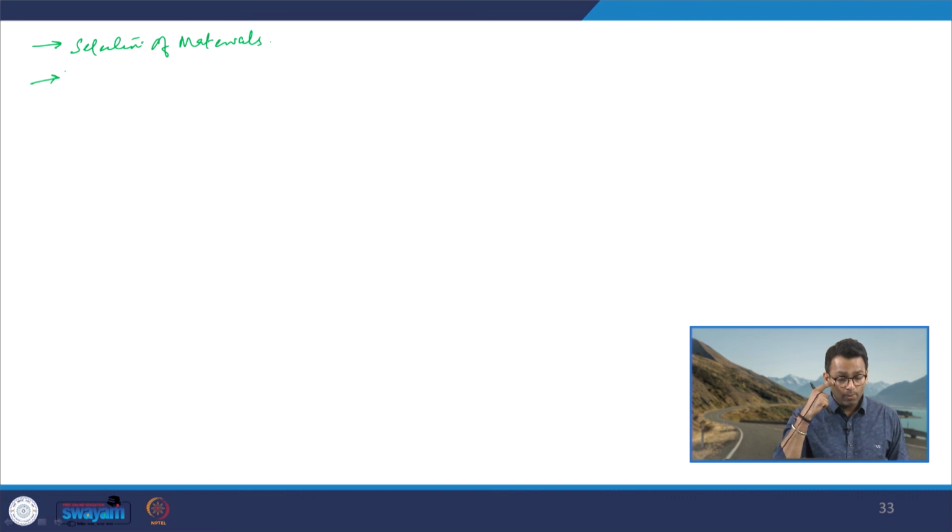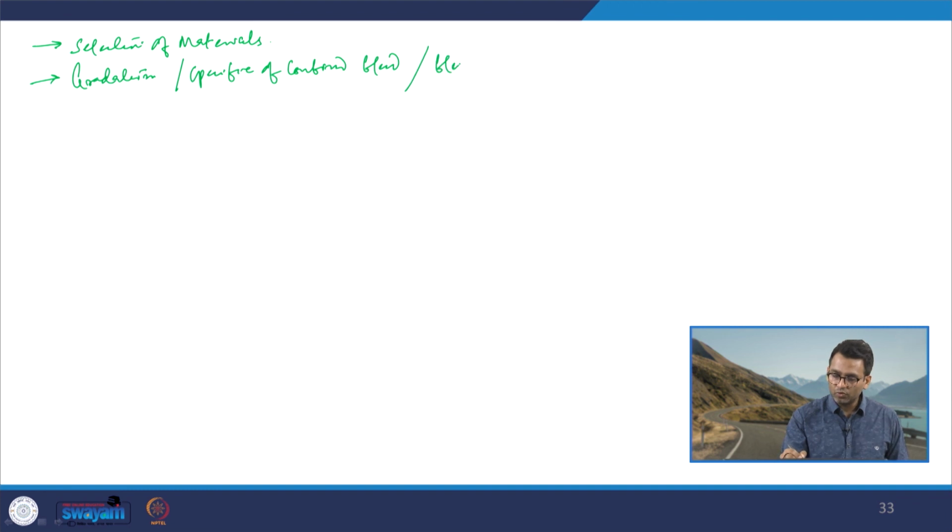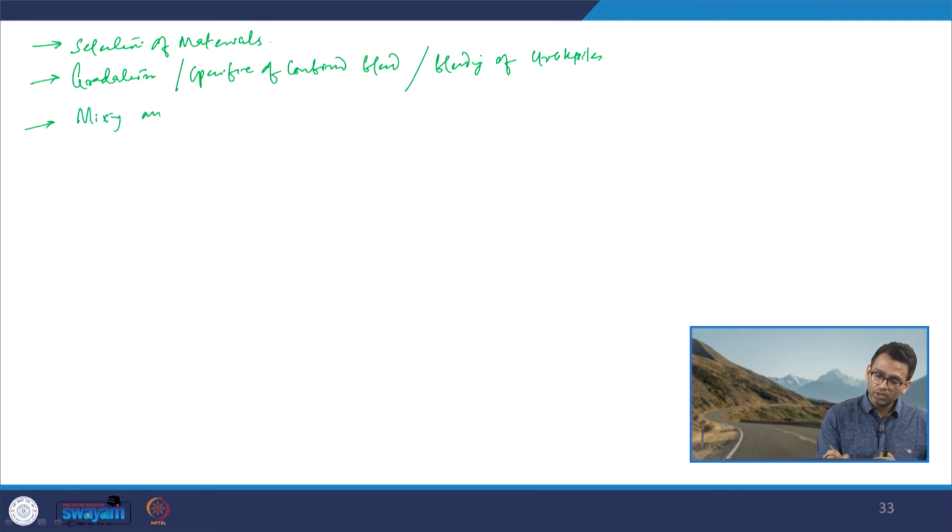Once these materials are selected, we have to decide the aggregate gradation and specific gravity of the combined blend, and also the blending of stockpiles. Then once this step is done, we have to mix them. Then we have discussed the mixing and compaction temperature: at what temperature you have to mix, and at what temperature you have to compact the mixtures.